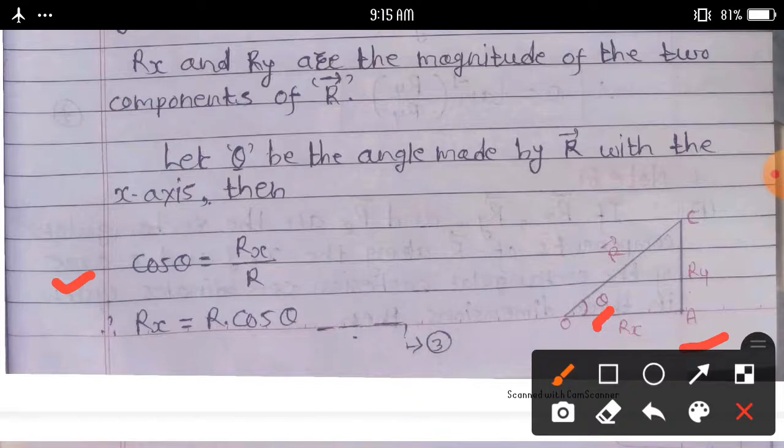Then we can find the rectangular component: Rx is equal to R cos theta. Consider equation number 3.